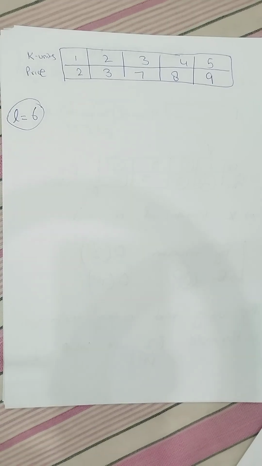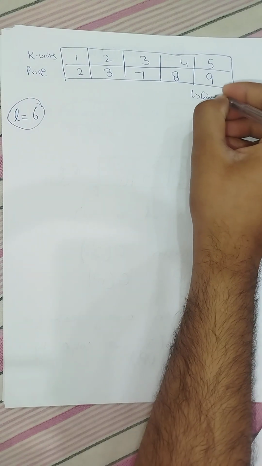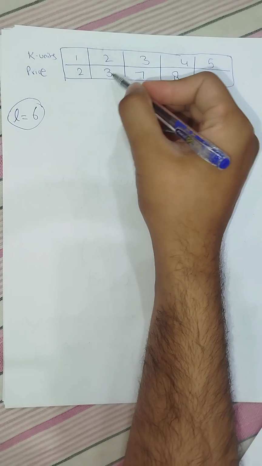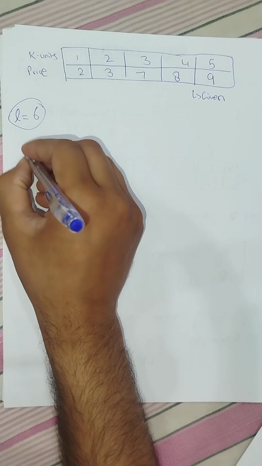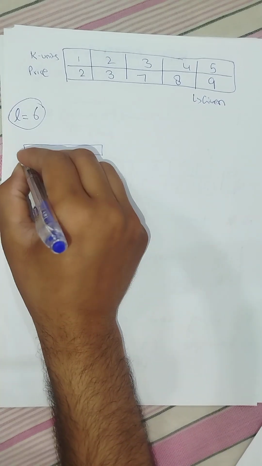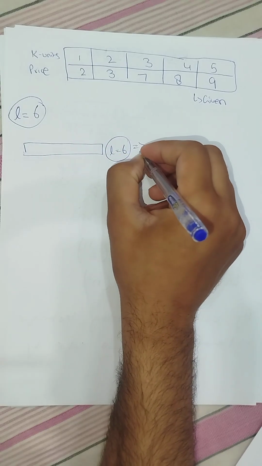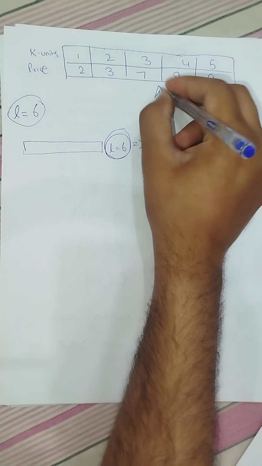This is a given chart of prices that a company offers. For example, if we have 2 units, we will sell it for 3. If we have 5 units, we will sell it for 9 units. So we have a rod of length 6. We have to maximize the profit for this 6 length rod using this table.